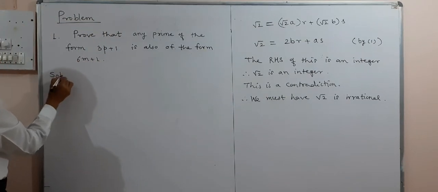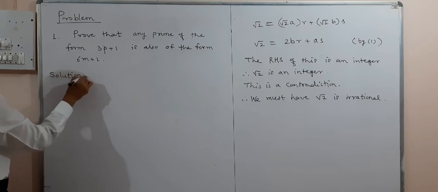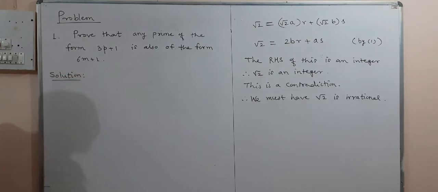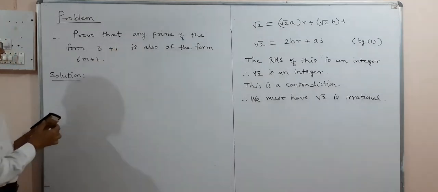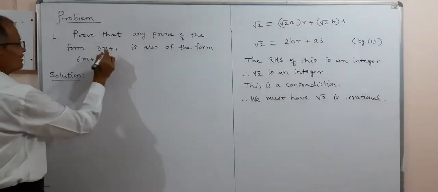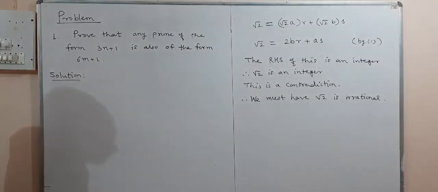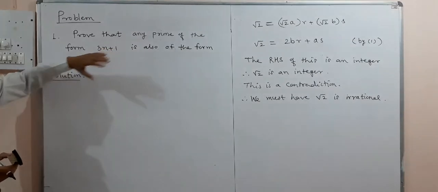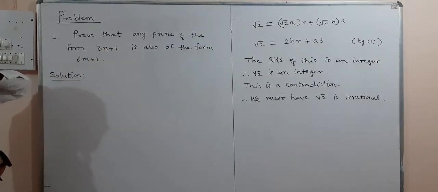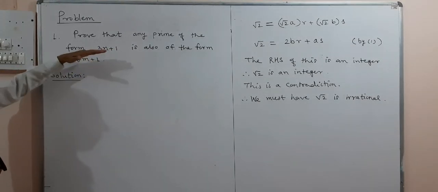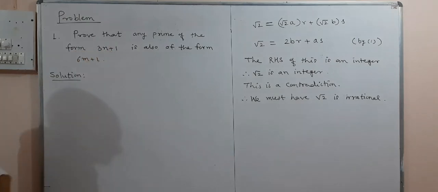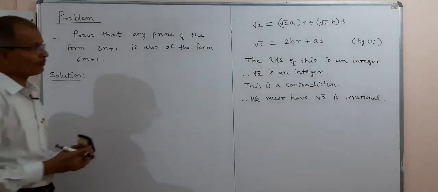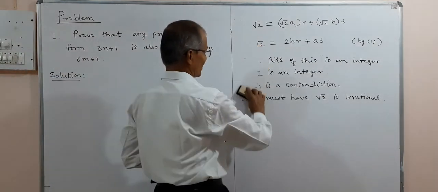Now the solution for this: we may consider any prime of the form 3n plus 1. P may be used, but P is reserved for primes. We use P for prime, and general integers we will denote by m, n, a, b, x, y, etc. P and q we use for primes.